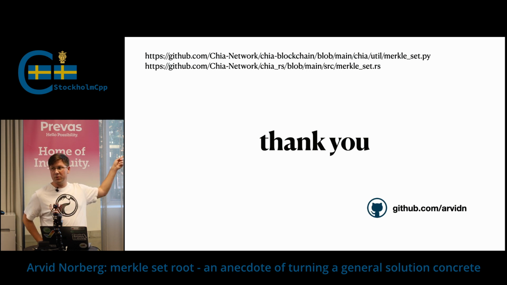The reason the Python version still exists is because the validation of proofs is still done in Python. The computing of the root hash is the only thing that I'm doing in Rust. That's something that happens more often. And so it's like the thing that showed up in our profile.